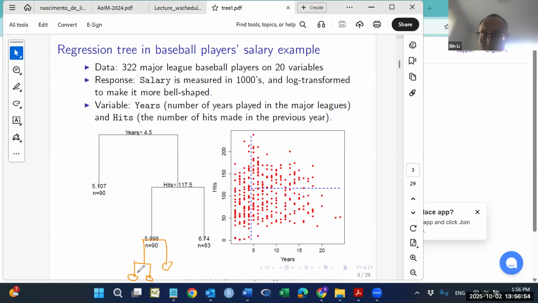How many splits will we have from the top? 1 split, 2 splits, 3 splits, and 4 splits. So we need 4 splits to go to these 2 leaves. So the depth of this tree is 4. That means this tree can contain interactions of order up to 4-way. Okay, so that's the depth of a tree.